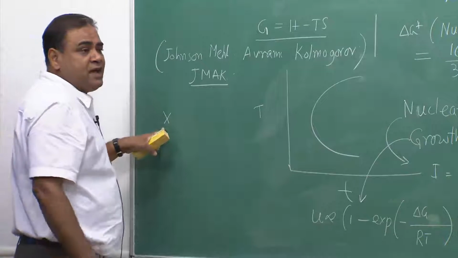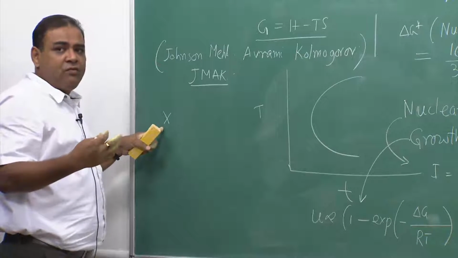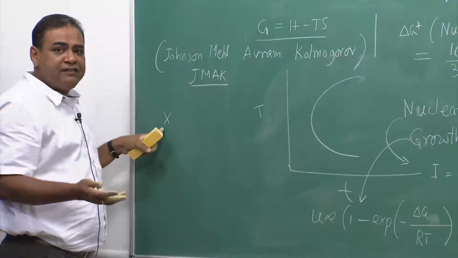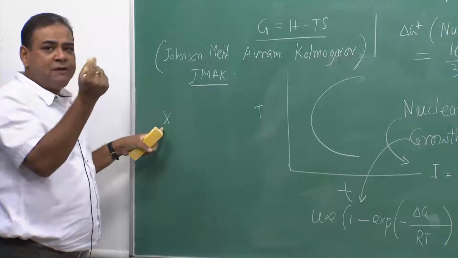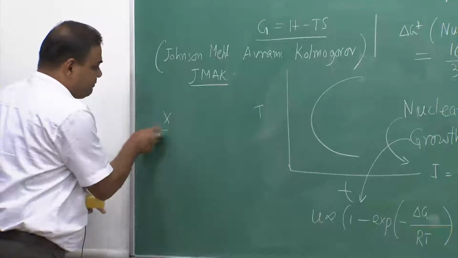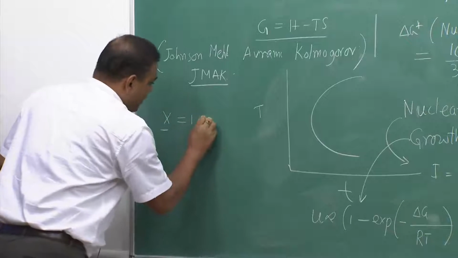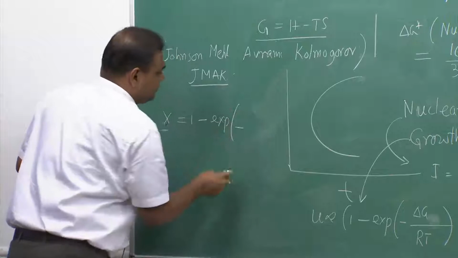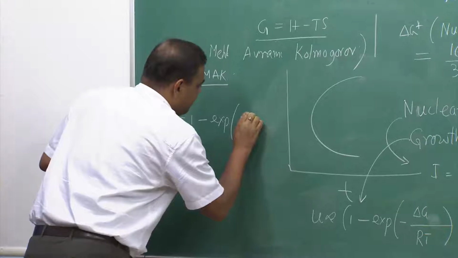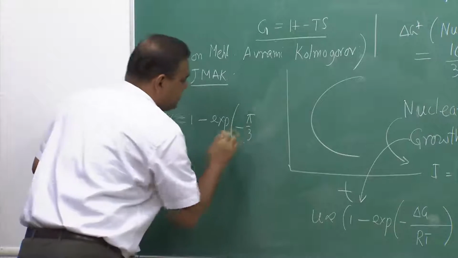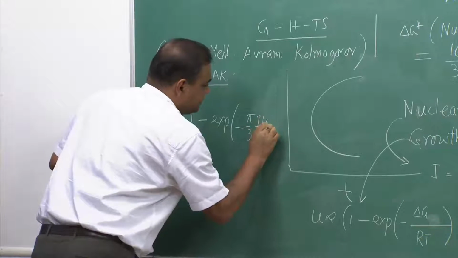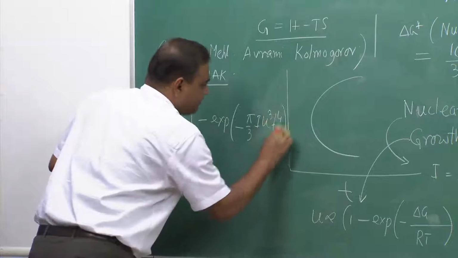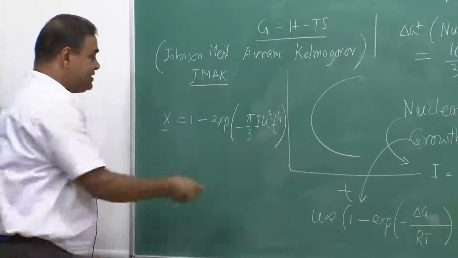That means, the product phase, when it is appearing in the parent phase, the fraction of that particular product phase is given by x equal to 1 minus exponential minus pi by 3 I u cubed t to the power 4. So, this is the expression.